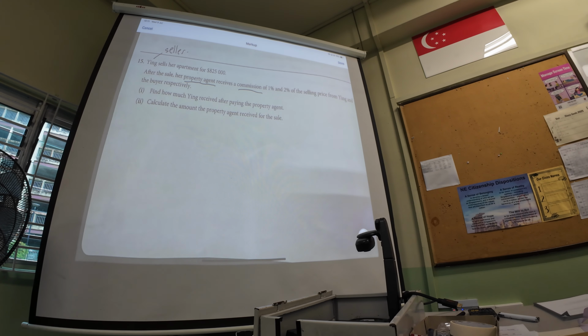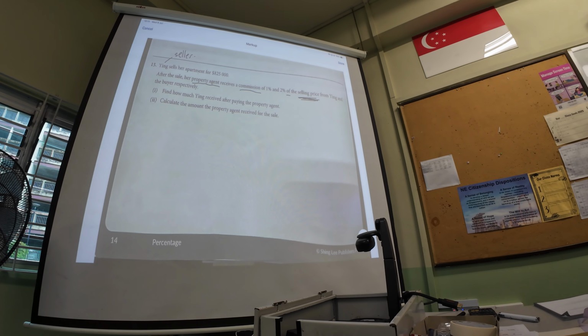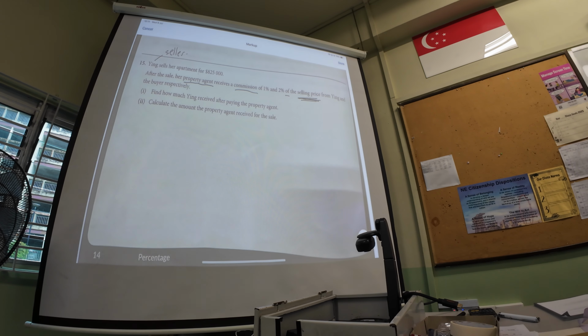So commission is like a salary. 1% and 2% of the selling price. So these percentages are of the selling price from In and the buyer respectively.